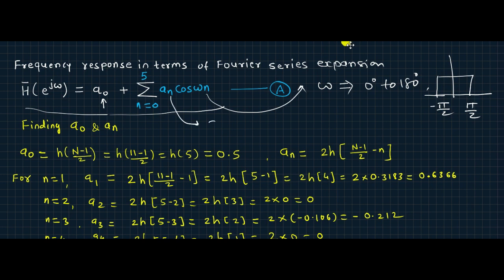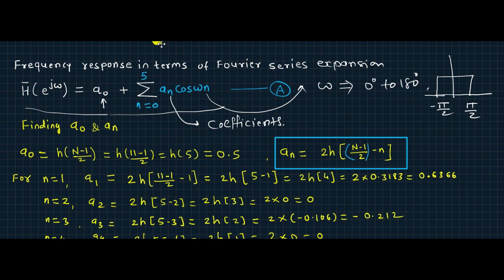These are the coefficients we have to obtain using a special formula. The value of an is calculated by using this formula. So an is equal to 2 into h of (N minus 1)/2 minus n.